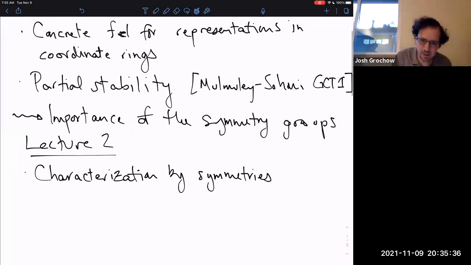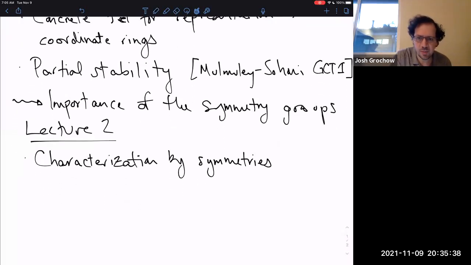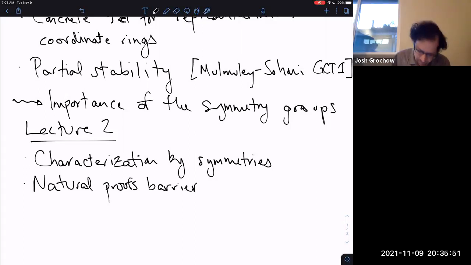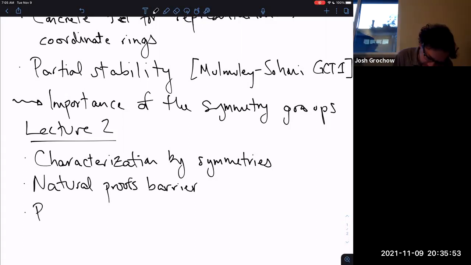And we'll talk about how this is related to, I think it was mentioned a couple of times, this natural proofs barrier. And then finally, we'll talk about P versus NP in GCT.